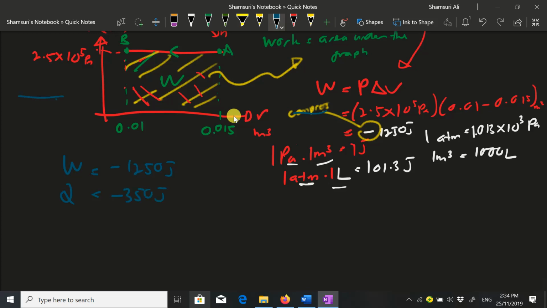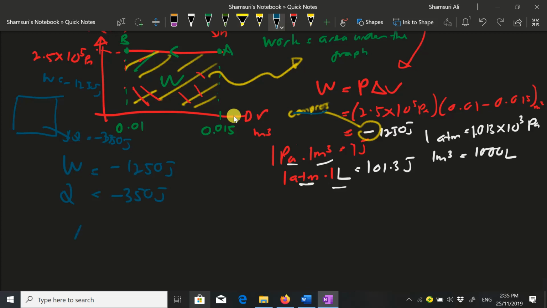And the work done by the surroundings is when it is compressed, something like minus 1250, which we calculated just now.